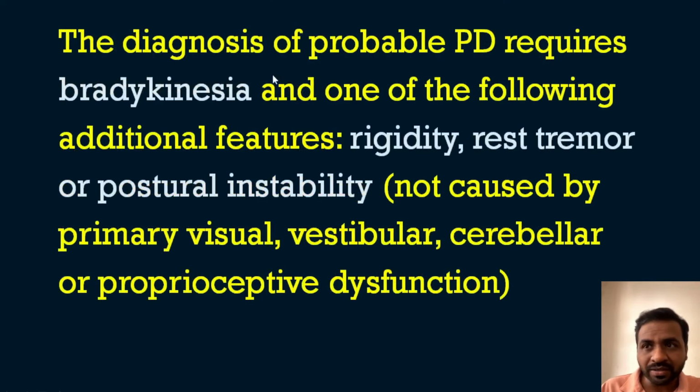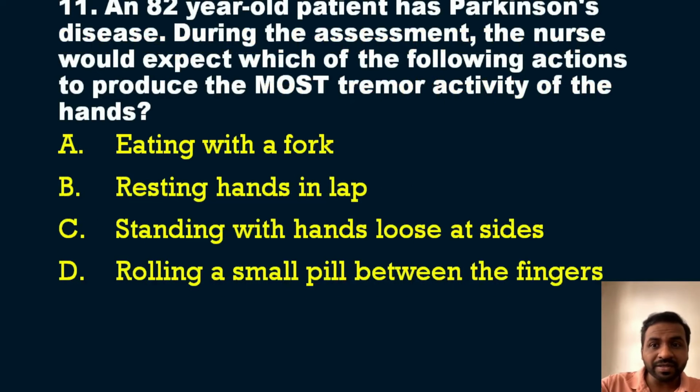So we know that the diagnosis of probable Parkinson's disease requires bradykinesia, that is one thing, and one of the following additional features, that is rigidity, rest tremor. So this is very important, resting tremor. In the options, all other activities involve some sort of action, like eating with a fork, standing with hands loose, then rolling a small pill.